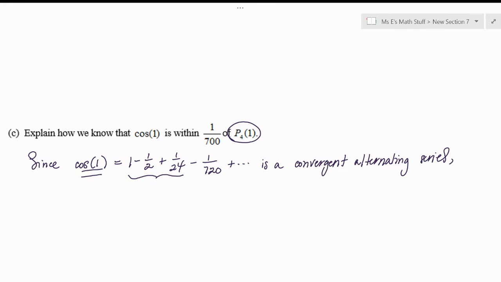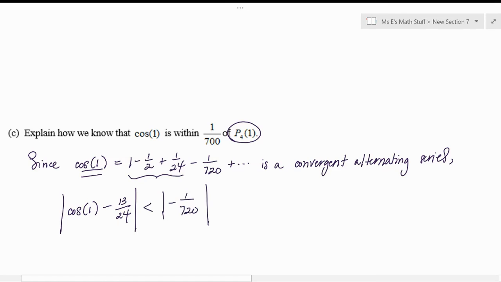So the way you could say that in math speak is if you were to subtract cosine of 1 and, remember, we got 13 over 24 when we summed up the first three terms. Because I don't know which one's bigger, I'll just say the difference is what you get when you subtract them and then take the absolute value. So here's the difference between the real thing and our approximation, and it will be less than the magnitude of the first neglected term, which would be negative 1 over 720.